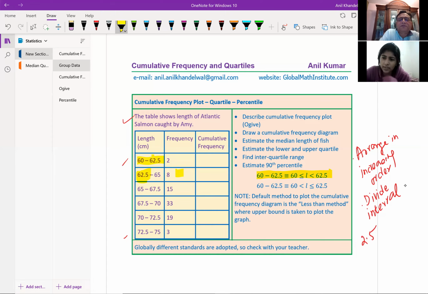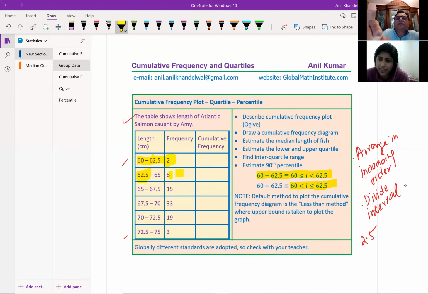How do you know that? This is how I have defined it. When I collected my data, if the fish length was 62.5, I made a count in the next interval, not this one. You have to be very clear whether this is what you're going to follow, or sometimes we do it the other way: we say 62.5 is actually included here.